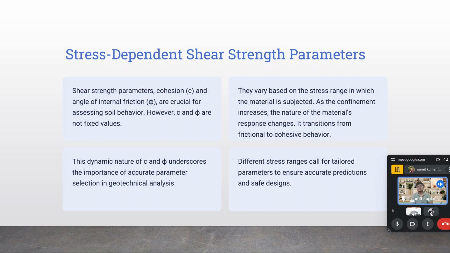When we talk about stress dependent strength parameters, the shear strength parameters like cohesion and the angle of internal friction are crucial for assessing soil behavior. Here, however, C and phi are not fixed values. We couldn't say from just one test or one analysis the cohesion of an entire land mass, say a small plot of 10 meters square or 20 meters square.